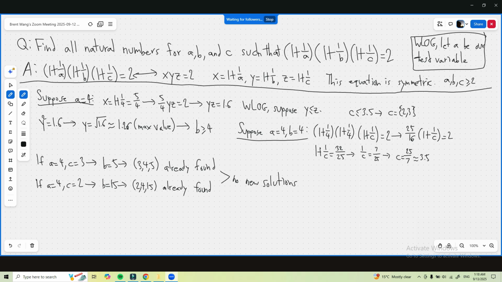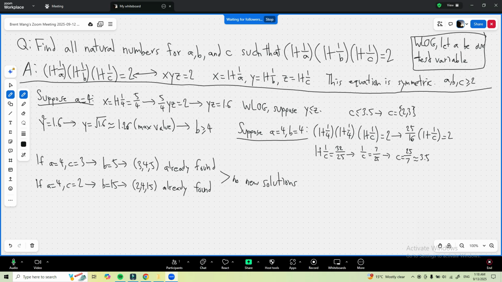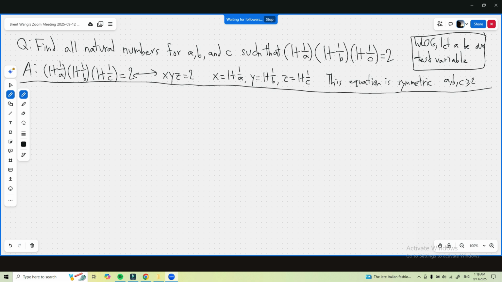Now, you might be wondering, so are we just going to keep going on to infinity for A? Well, no, because you see, we're actually about to end this question now. I'm going to erase this entire thing first, and then I'm going to show you why we're basically done. So, this is an observation.